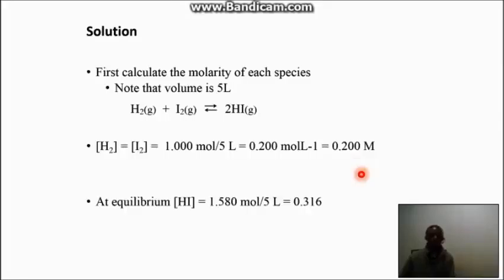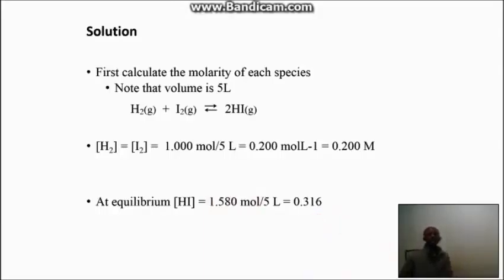What about the HI? We know that the number of moles of HI at equilibrium was 1.580 mole. But now you need to turn that into concentration. So it's number of moles per liter. So your calculation here gives you 0.316 molar.